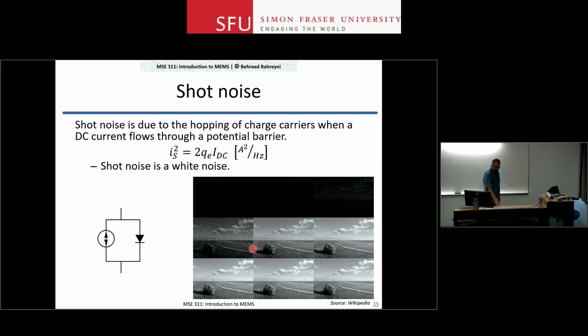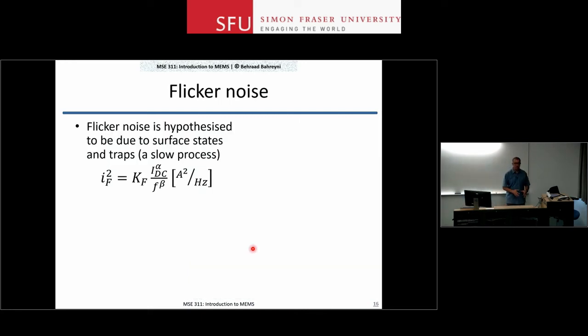Okay, another type of noise that you see in electronic systems, and this one is a little bit more annoying than the rest, is flicker noise. The property of this type of noise is that the noise power increases with 1 over f, and maybe f over beta. F is frequency.